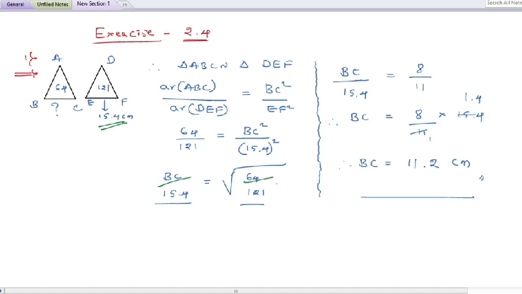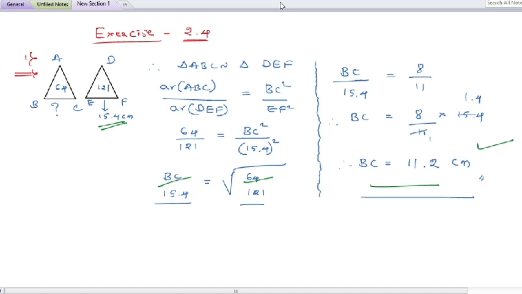So, you can write BC is equal to 8 by 11 into 15.4, 11 ones are 11. So, again 11 ones are here, what remains? 4 remains, 44, 11 fours are 44. So, 1.4. So, BC is equal to 8 into 1.4, you will get 11.2 centimeter. It is the length of the BC.